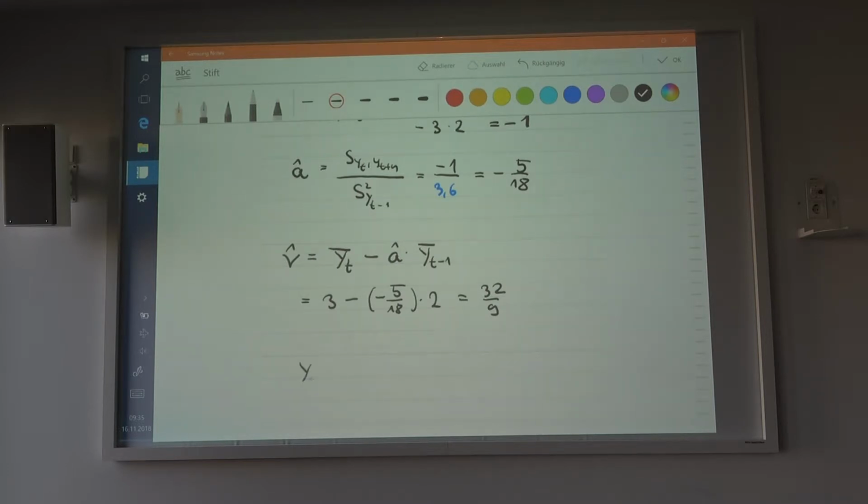Here you have yt equals 32 over 9 minus 5 over 18 times yt minus 1 plus the residuals. So this is the regression equation. That's what you would get.